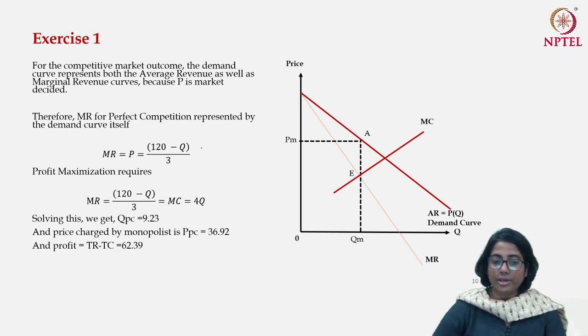Profit maximization requires equating this marginal revenue with marginal cost, which is equal to 4Q. So if you equate 120 minus Q by 3 with 4Q, you get the solution at 9.23.